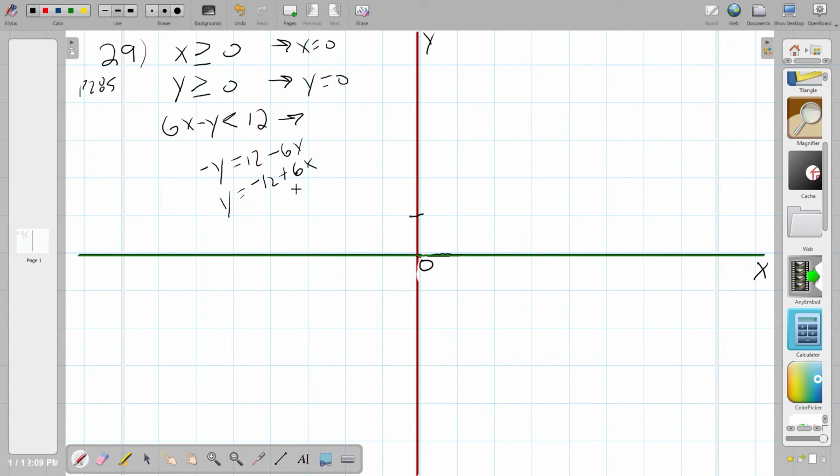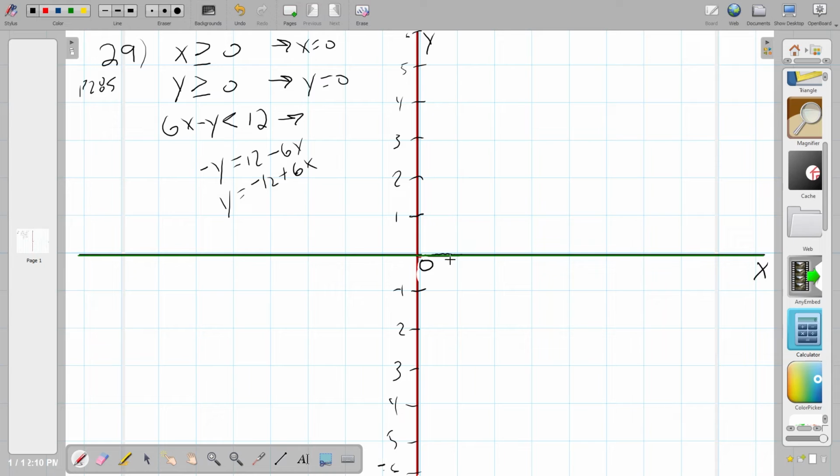So y equals negative 12 plus 6x. So let's see. Yeah, that'll work. 1, 2, 3, 4, 5, and the top is 6. Negative 1, negative 2, negative 3, negative 4, negative 5, and the bottom is negative 6.